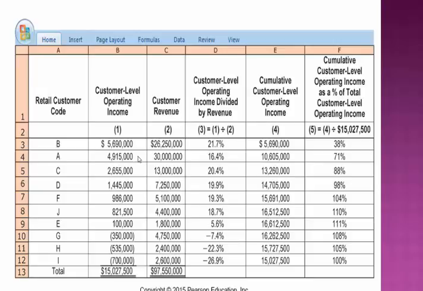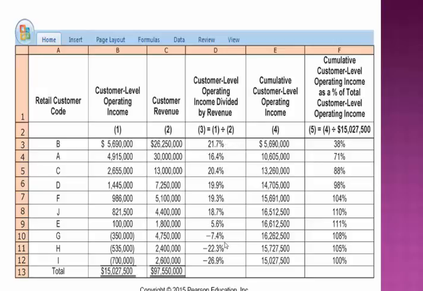Look at customer A. For every dollar in revenues, we only generate 16.4%. Keep going. Look at how the numbers change based on who the customer is. We've got anything from we lose 26.9% for every dollar generated in revenues to we have a return of 21.7% for every dollar in revenues.